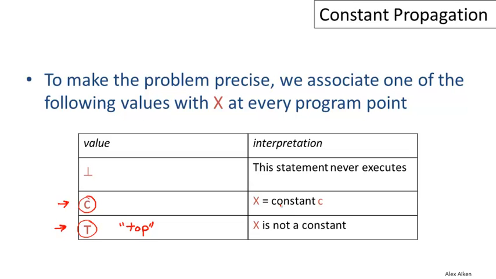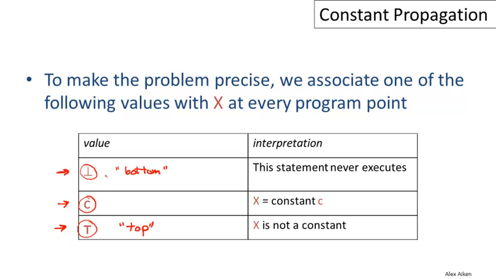Now, there is a third possibility, which is not immediately intuitive, perhaps, but as we will see, plays a very important role in algorithms for global constant propagation, in fact, in all global data flow analyses, and that is bottom. So this value is pronounced bottom, and intuitively, it's kind of the opposite of top.